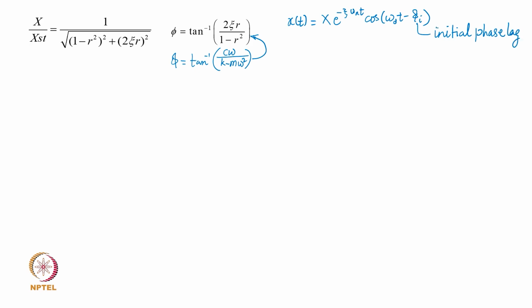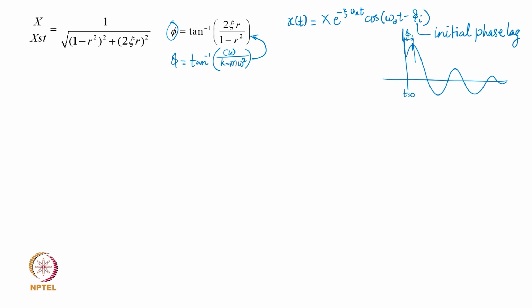Now, that phi I is going to be different than this phi, the phase. This initial phase lag actually is the phase that represents the angle made with respect to time t equal to 0 of the first peak.